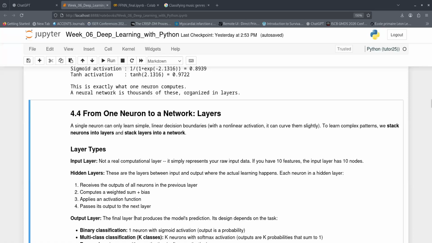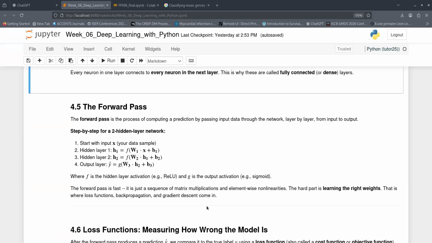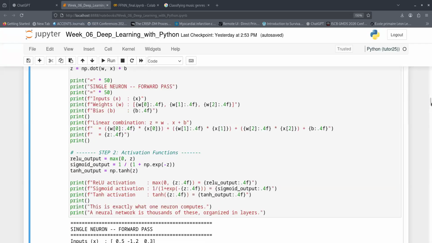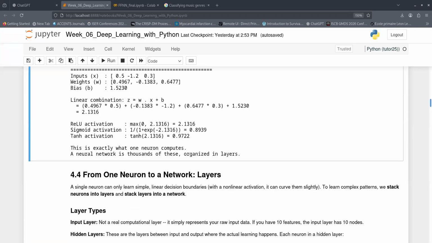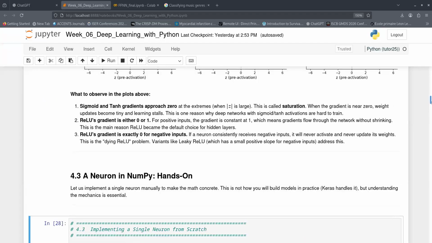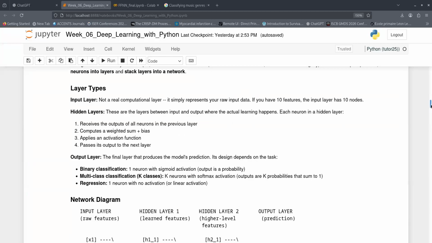And then you have the output layer, the final layer that produces the model prediction. Its design depends on the task. Based on the design, you can produce the task. The output layer, for binary classification: from my eyes, I can classify things in binary. I have one neuron with sigmoid activation, in terms of probability.